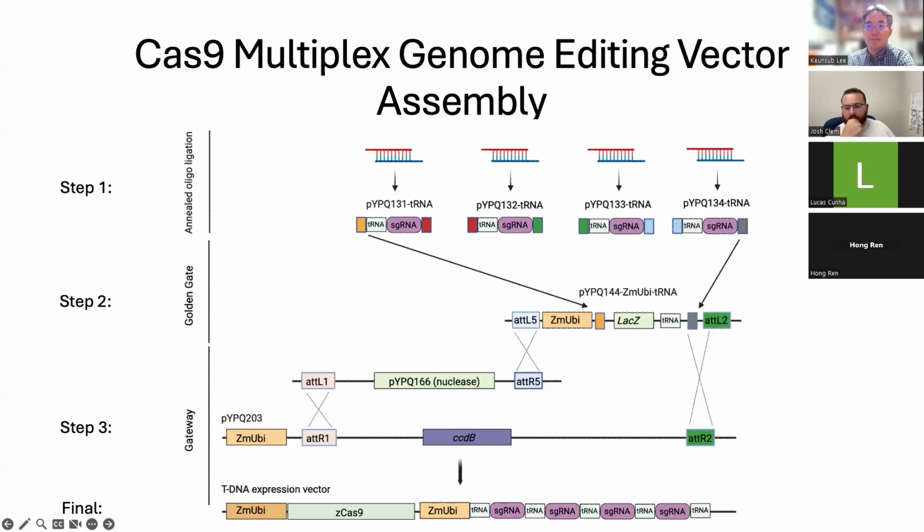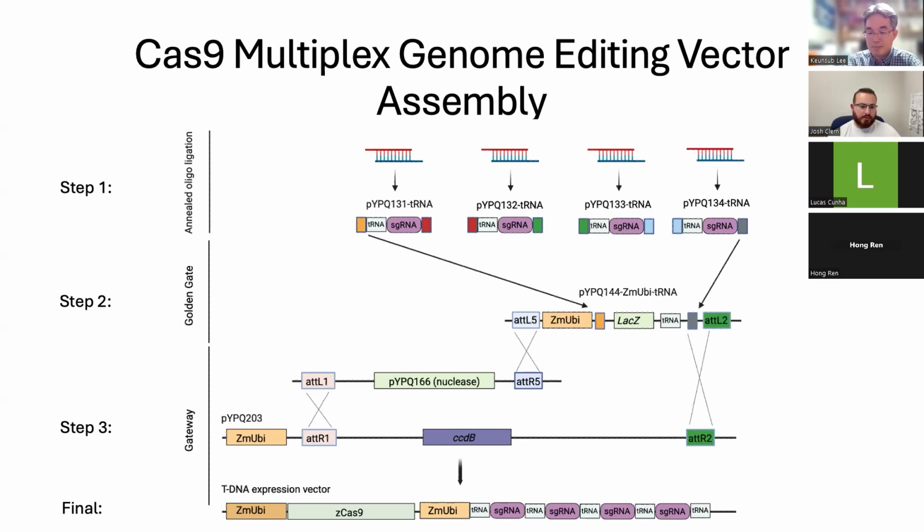Yeah. Actually, my figure is missing a terminator, which I didn't include for simplicity of the figure, but we of course have terminators at the end of our Cas9, and usually just a nopaline synthase terminator, NOS-T. Now, there are definitely stronger terminators out there.